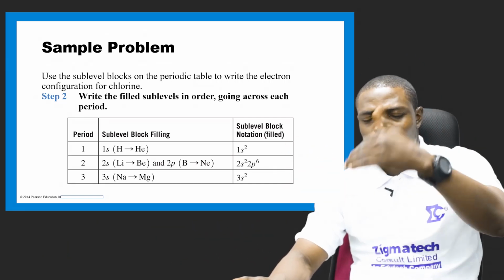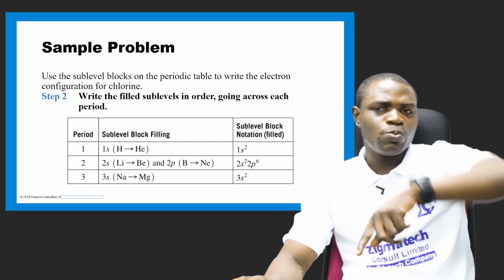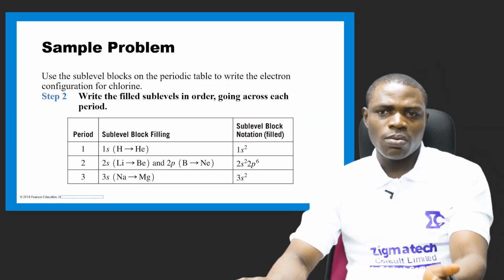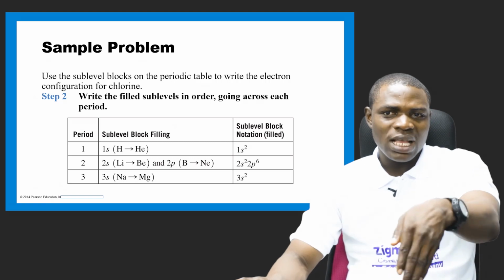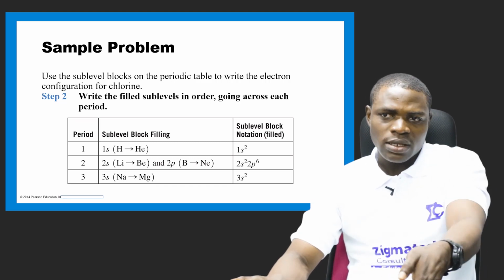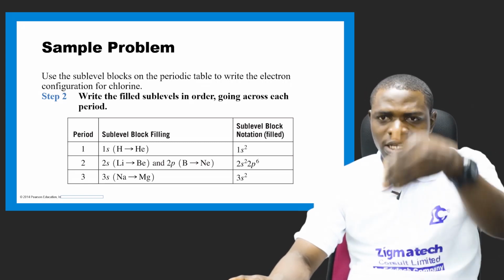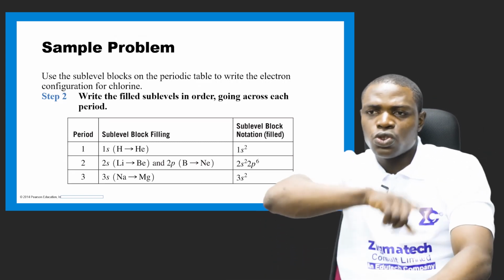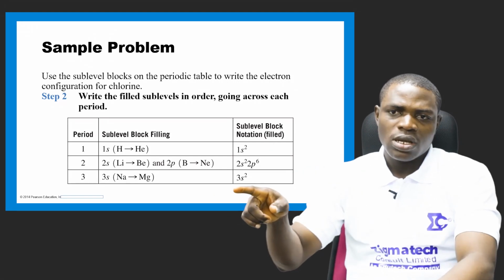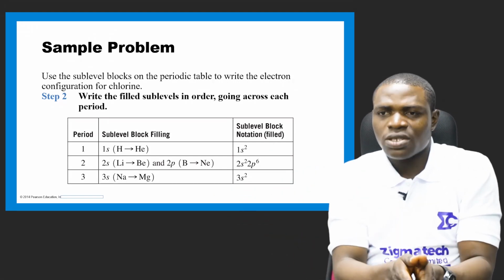Once you reach 1s2 in period 1, go to period 2. Now you start from 2s, because you are now in period 2. 2s1, 2s2. After having 2 electrons in 2s, go to 2p.